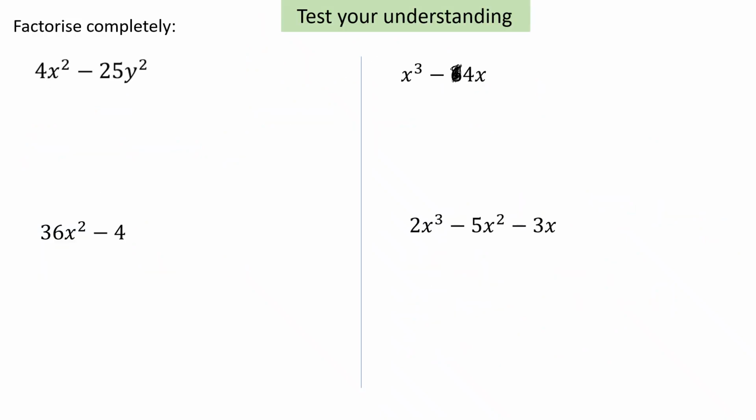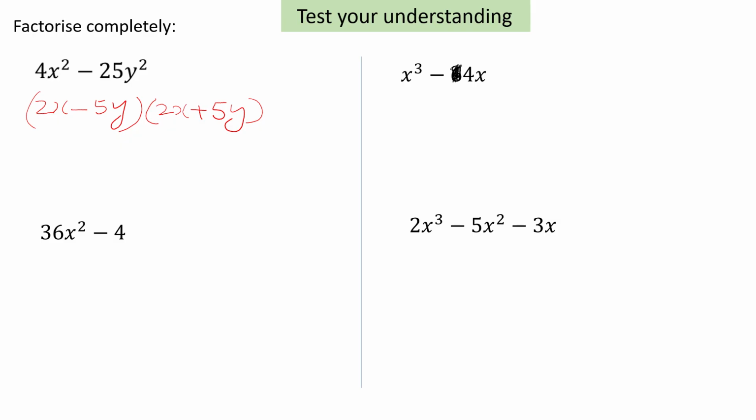Pause this video, try it yourself, test your understanding. 4x squared minus 25y squared. (2x minus 5y) times (2x plus 5y). 36x squared minus 4.